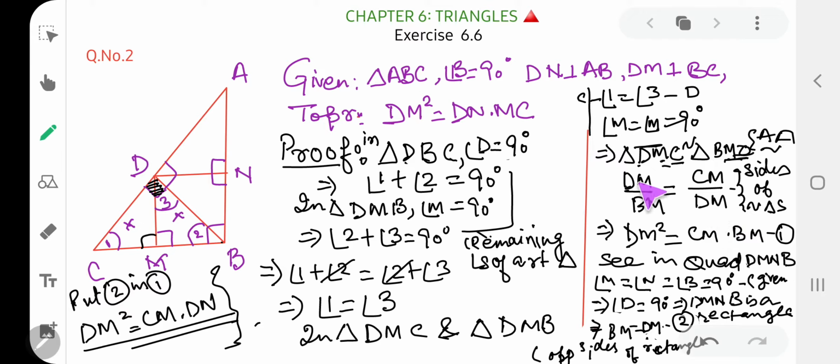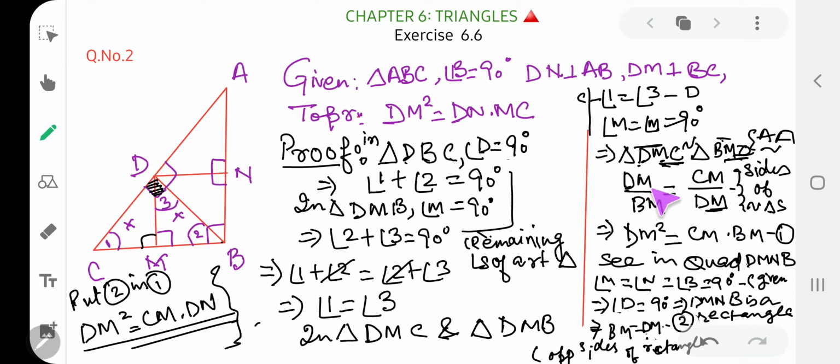Now corresponding to DM of this triangle, the first two letters, the corresponding side is BM. So in the denominator I should write BM. And the last two letters are giving me DM here, so the last two letters should be the corresponding side of DM. Therefore they will take the place in the numerator.